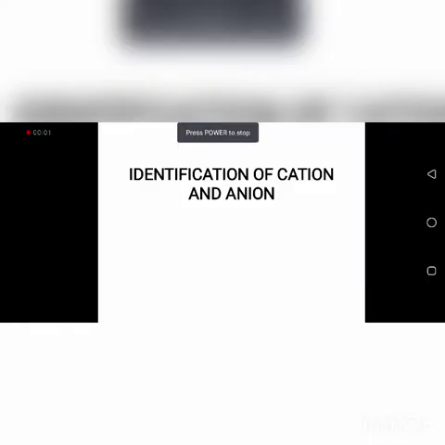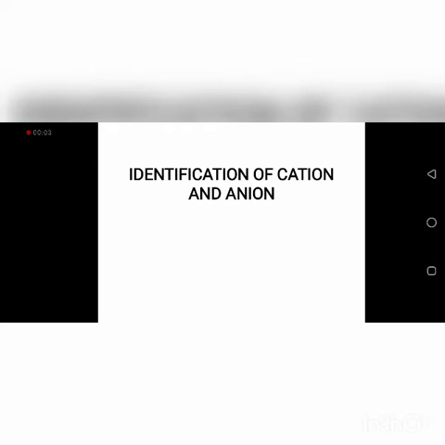Cations can be identified by two major reagents, sodium hydroxide and aqueous ammonia, as we will further explain in detail. So we look at identification of cations and anions properly. What are cations and what are anions? Cations are positively charged ions.